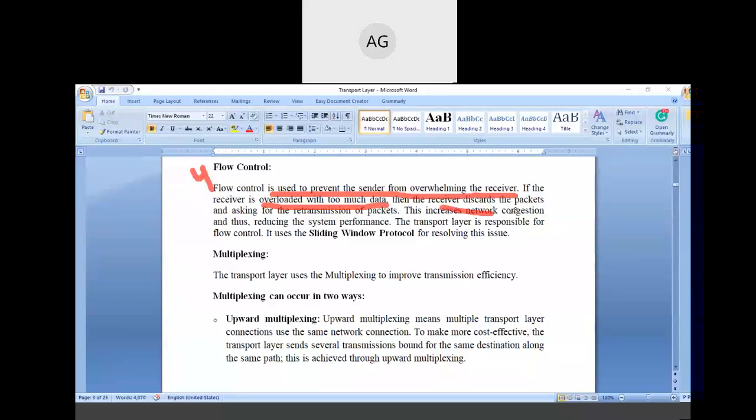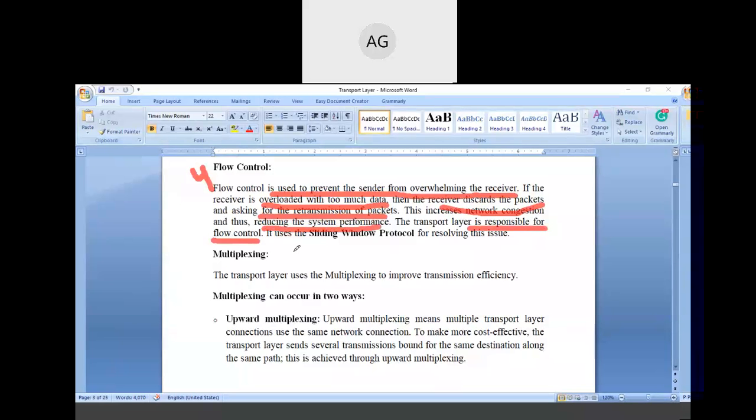Then the receiver discards the packets and asks for retransmission, because there is overflow at the receiver side. This increases network congestion and thus reduces system performance. So the transport layer is responsible for flow control.